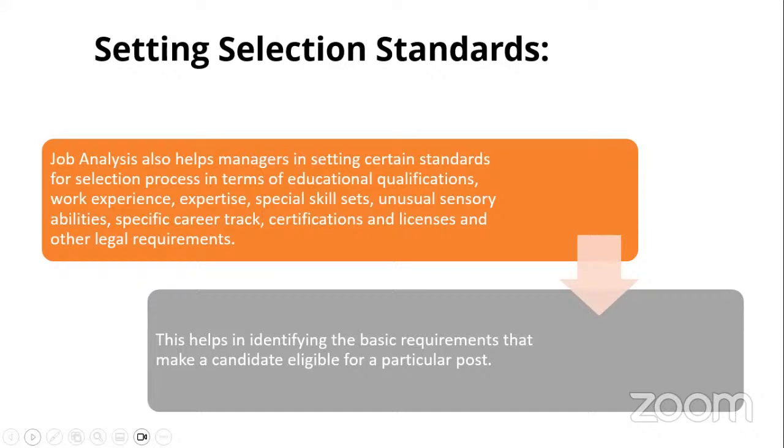If you are bidding for a particular job in an organization, they will look at your certifications. They want to see when last you upgraded your CV in the area of certifications, aside from your experiences and some other special skill sets you possess. So this helps in identifying the basic requirements that make a candidate eligible for a particular post.